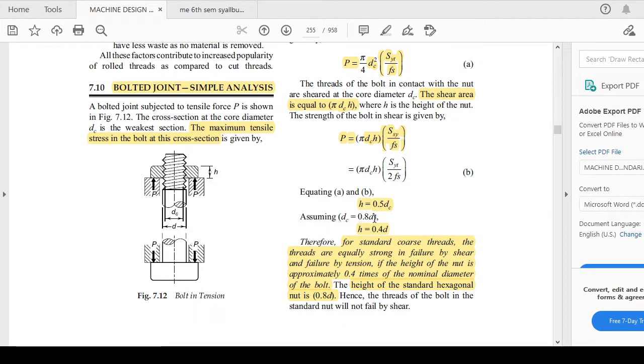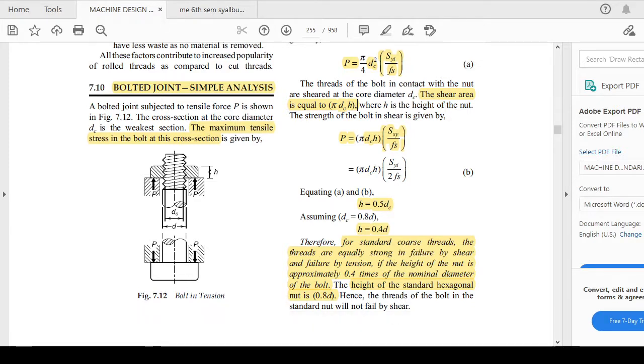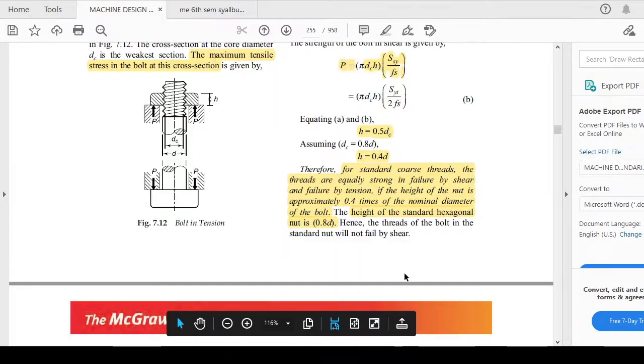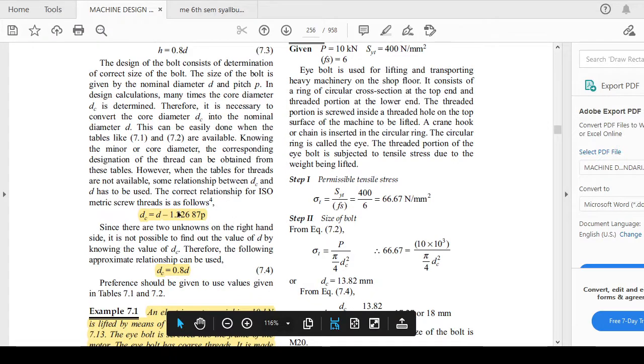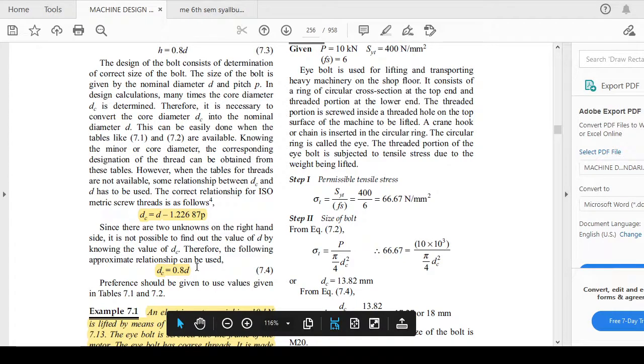Assuming DC equals 0.8 D, H is 0.4 D. This means for the standard coarse thread, the threads are equally strong in failure by shear and by tension if the height of the nut is approximately 0.4 times the nominal diameter. Similarly, for ISO metric threads, DC equals D minus 1.22687 P, and DC can be taken as 0.8 D.